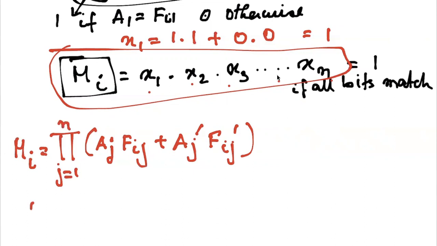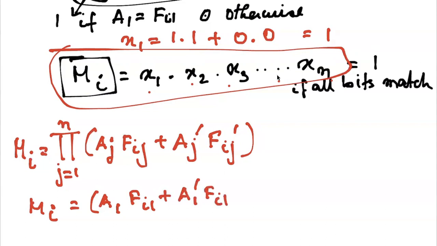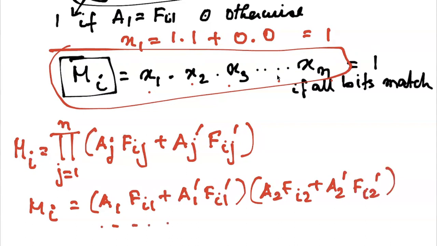Or if I write it in the long way, mi would be equal to a1 fi1 or a1 dash fi1 dash, a2 fi2 or a2 dash fi2 dash, and so on for the nth word, an fin or an dash fin dash. So this is the match logic.